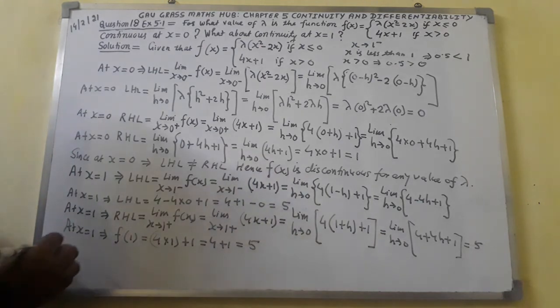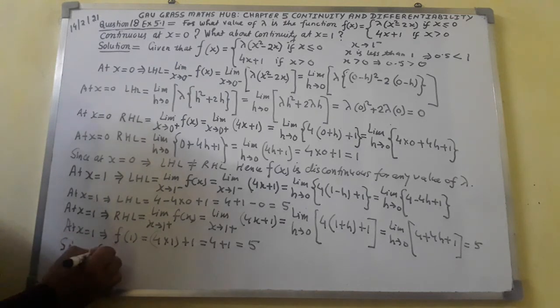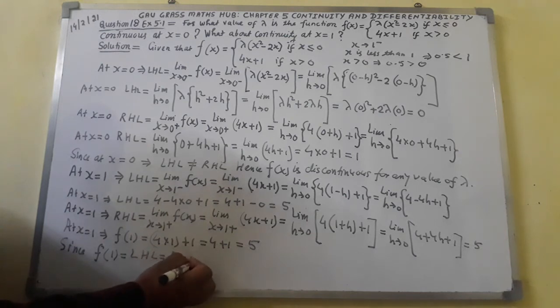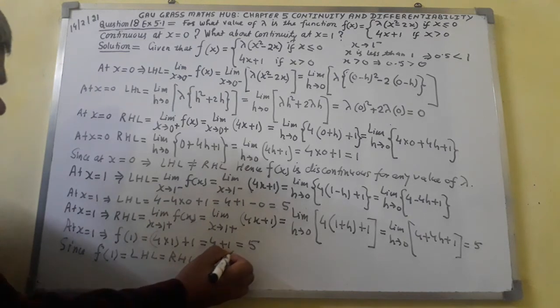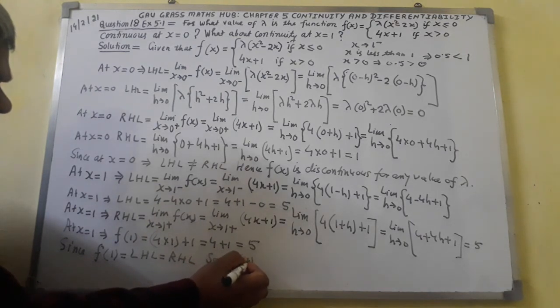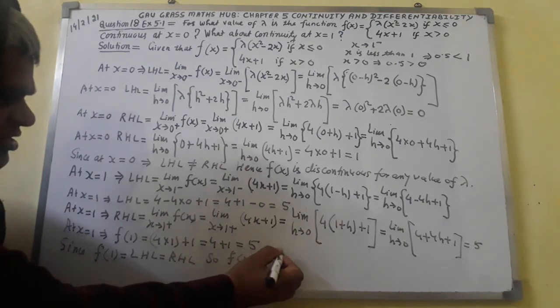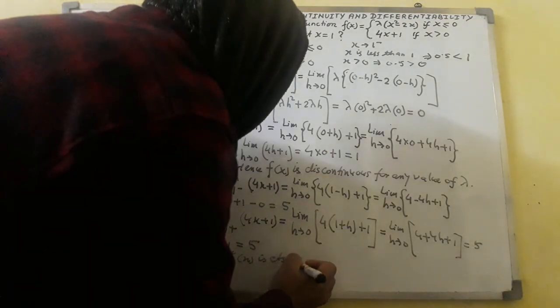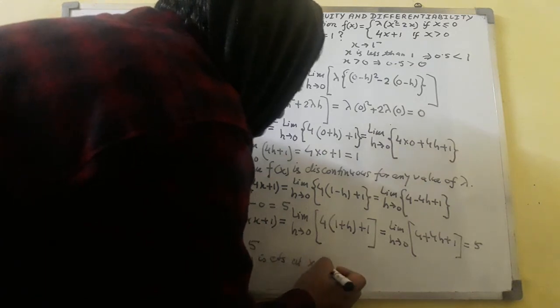So you have got, since f of 1 is equal to the left hand limit is equal to the right hand limit, f of x is continuous at x equal to 1.